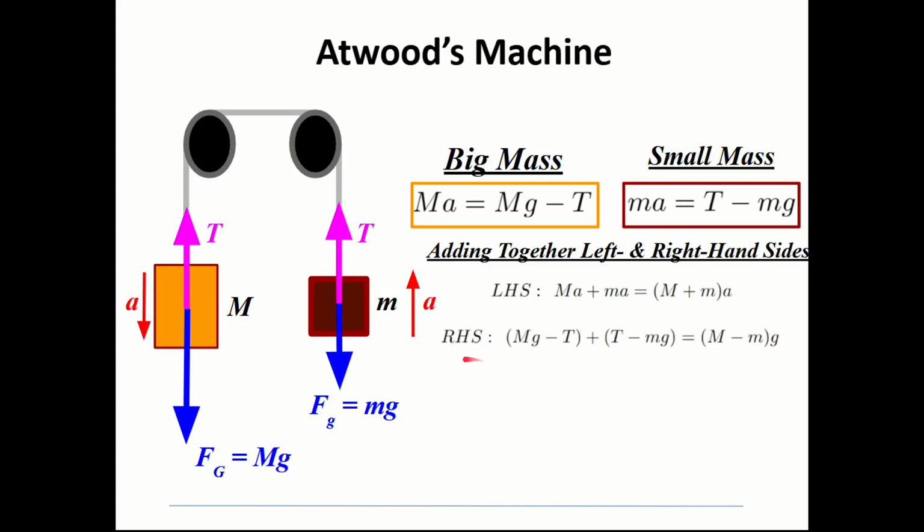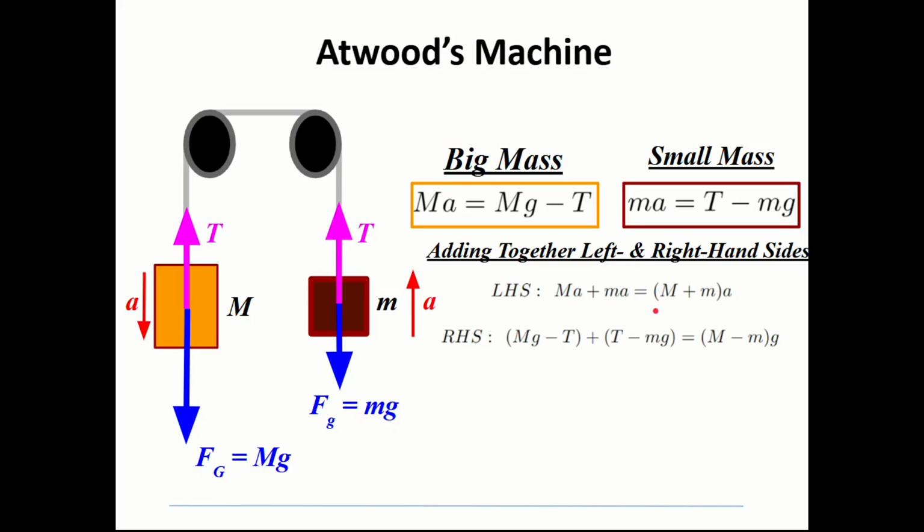I'm going to do the same thing for the right hand side, RHS, and we get capital Mg minus T, plus the right hand side of our small mass, so I'm taking this plus this. Once I do that, I can see clearly that the tensions cancel out, and we end up having capital M minus little m times g.